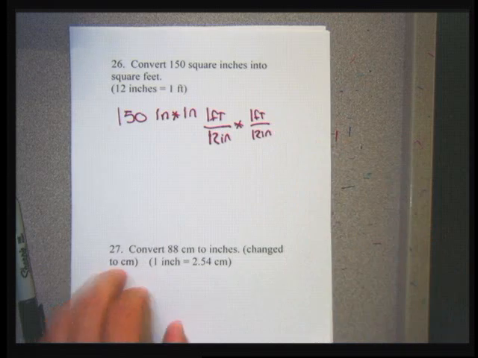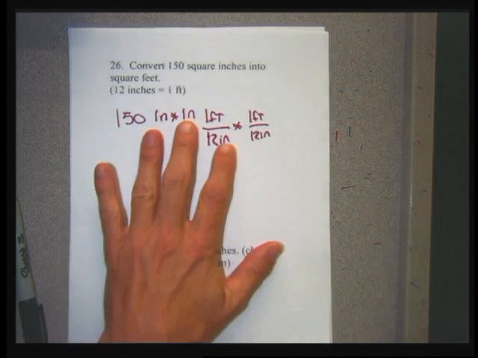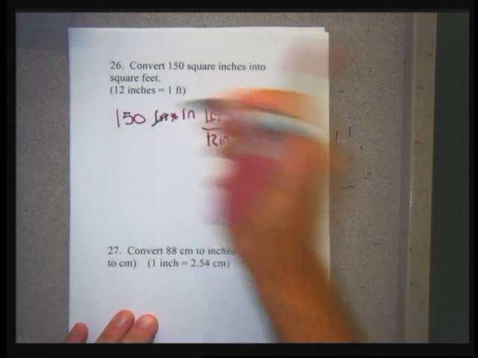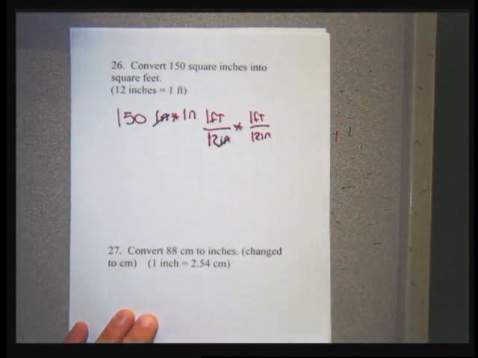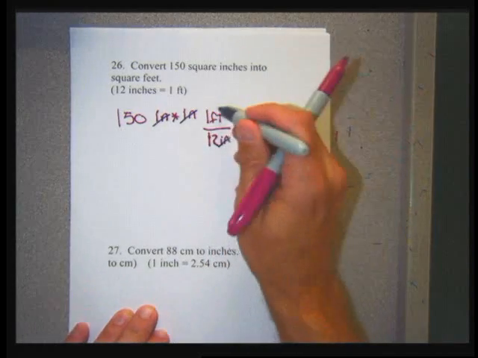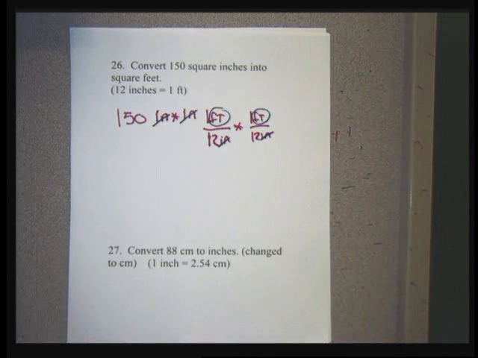is 12 inches, and I want to go from square inches, so I have inches times inches. I need to be able to cancel 2 inches. Each fraction here cancels out 1 inch, so this inch cancels, that inch cancels. The units that I have left are feet times feet, which is going to be square feet.